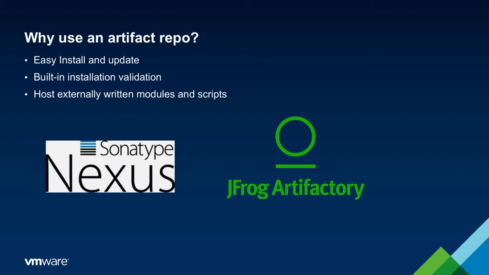So we want to set up our own internal artifact repository. Makes it very easy to install and update our scripts and modules that we write internally. It has built-in installation validation, so it does all the hash checks for you.